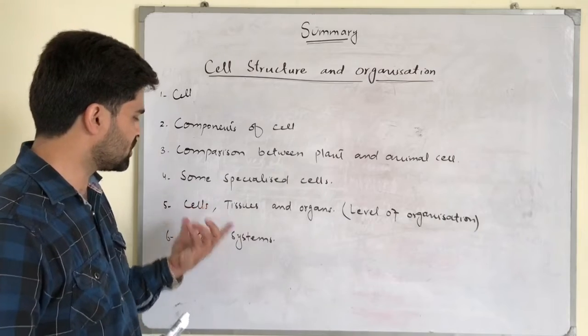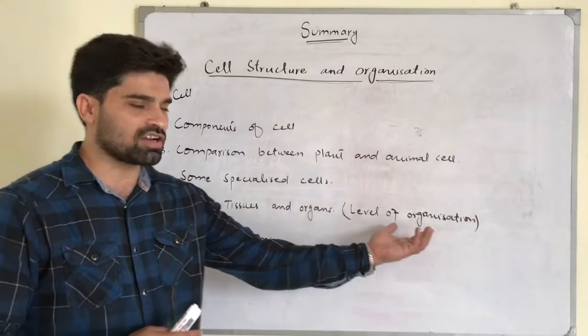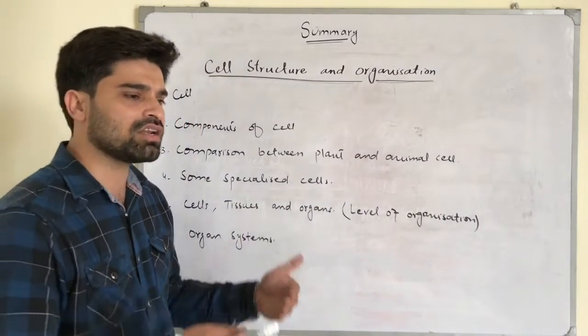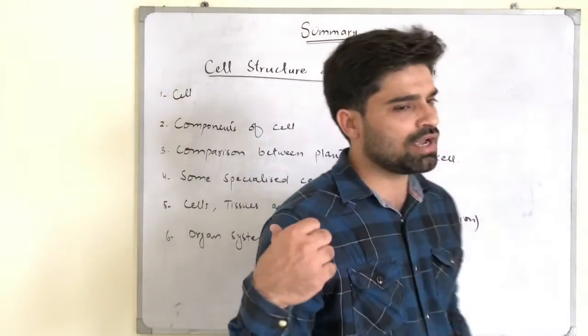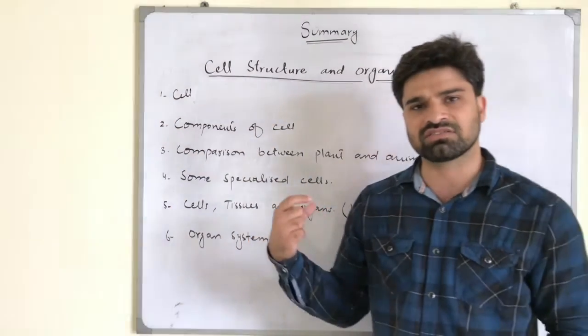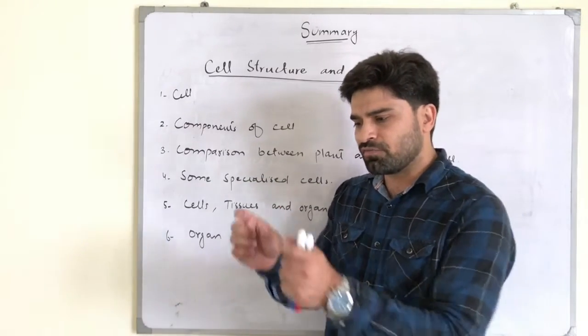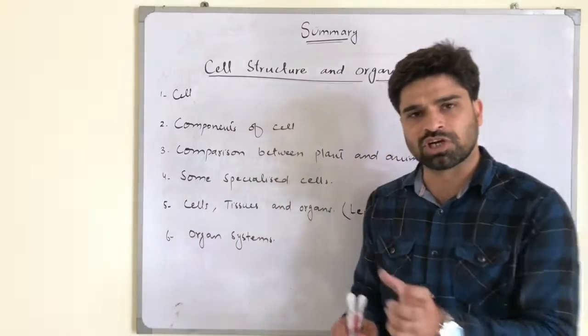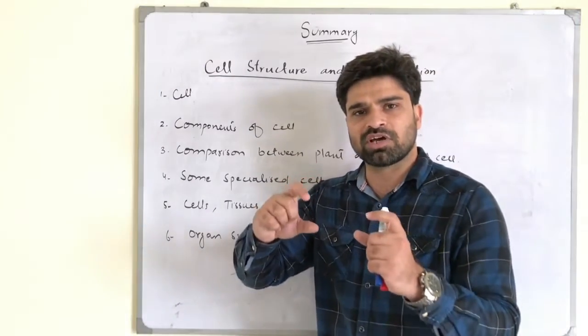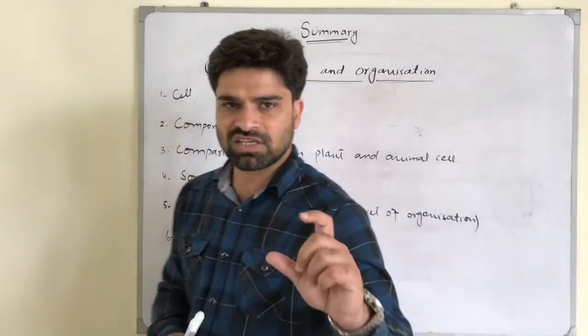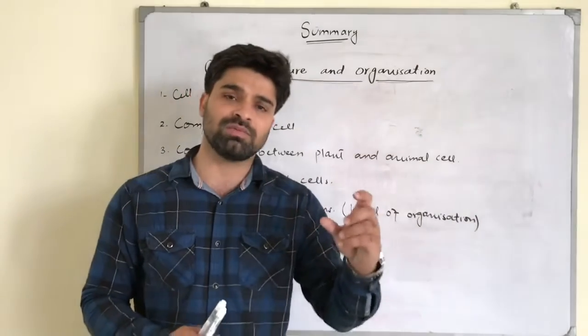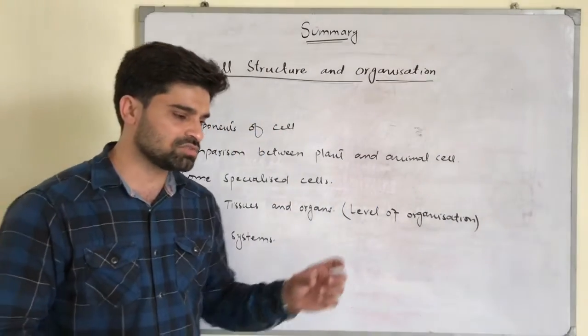Then we talked about the levels of organization, that is how an organism is made. If we talk about the flow chart, organisms are made up of cells, as we talked about that cells are the building blocks of living organisms.